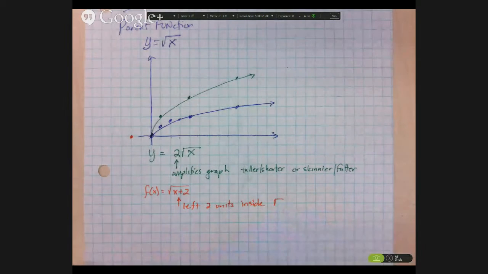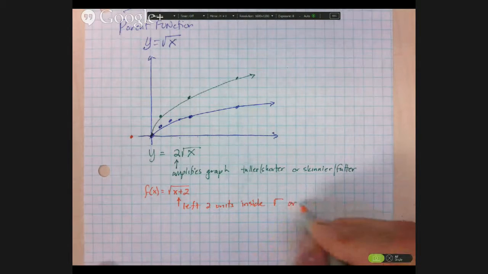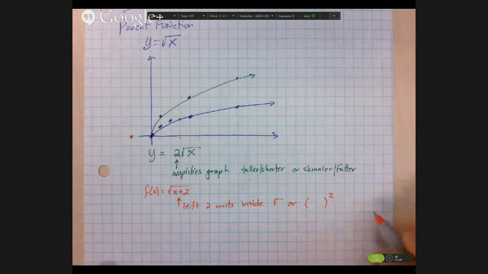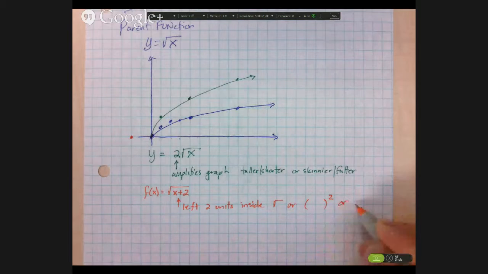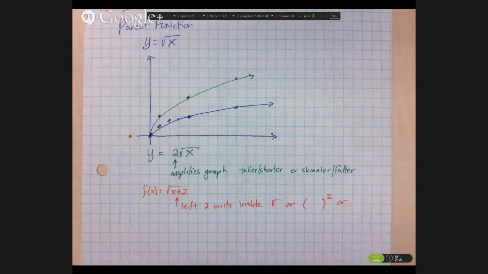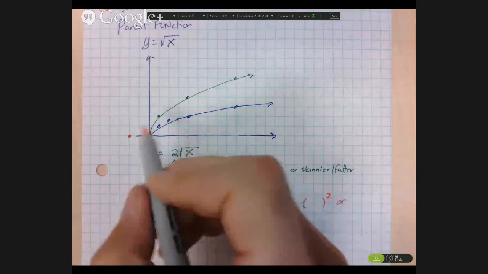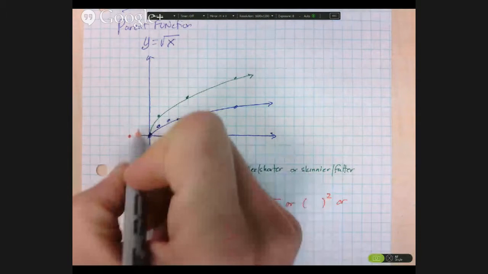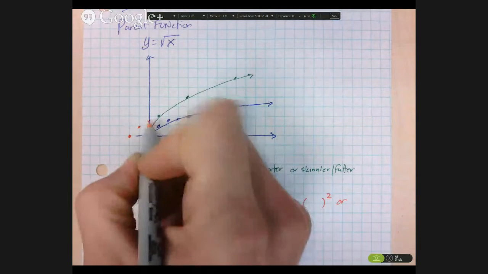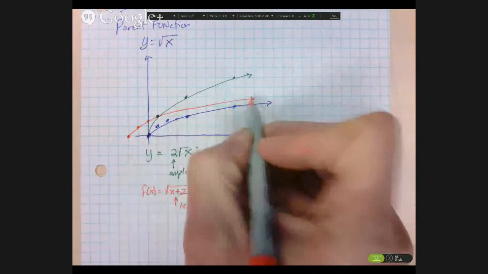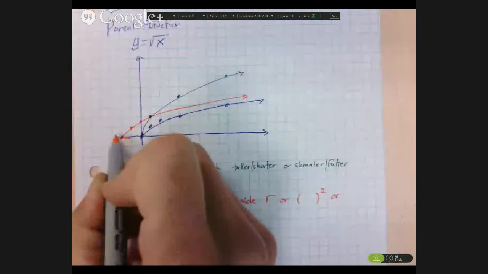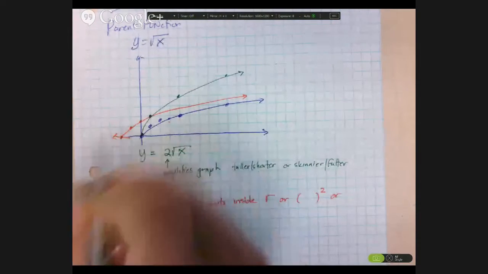If it's inside the square root, it's left or right. You're going to notice that same pattern if it's inside a squared or a cubed or any of those. If it's with the main operation, it just moves everything to the left. It takes the blue parent graph and moves it to the left 2 spots.